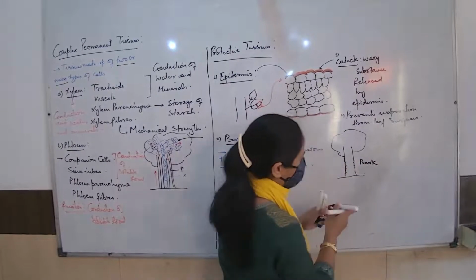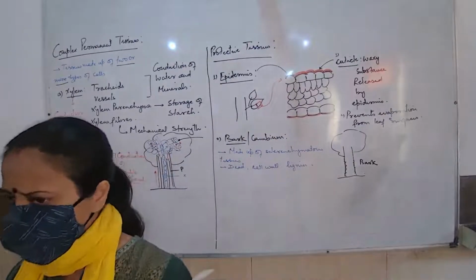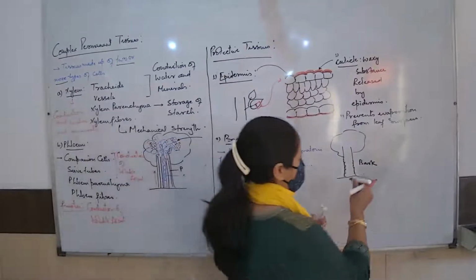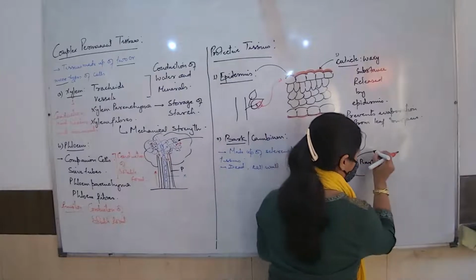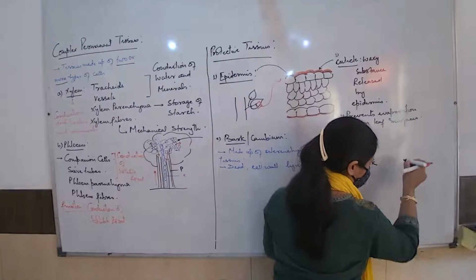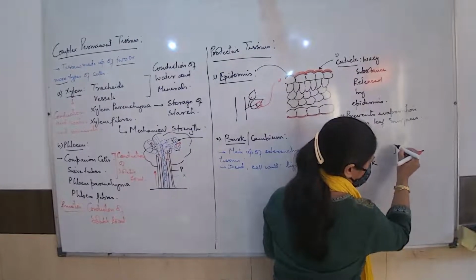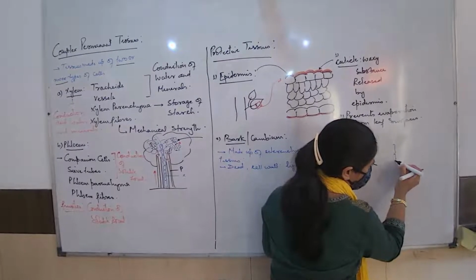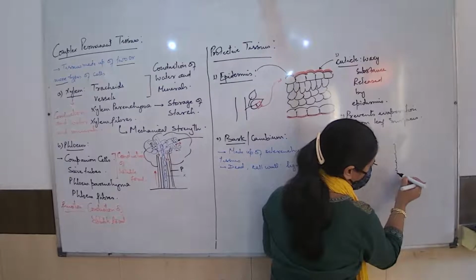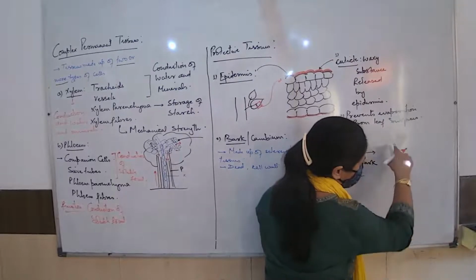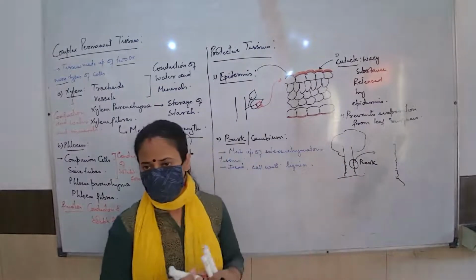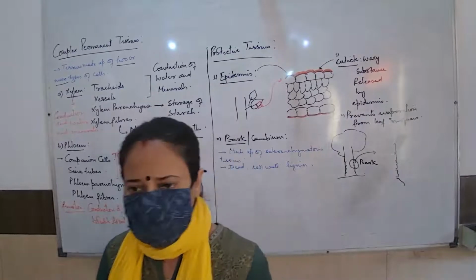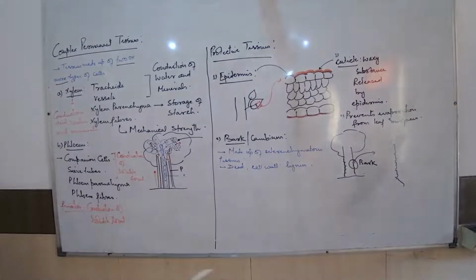Magnify this region to see how one surface appears. The outer lining of the stem is as if in pieces, but apparently it appears to be a continuous covering.